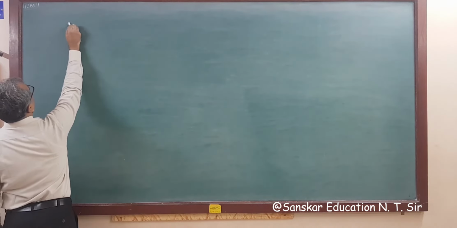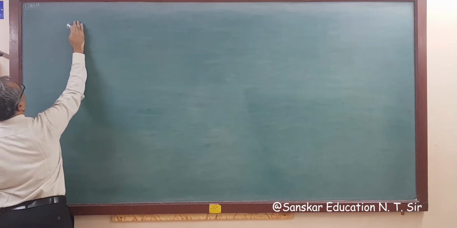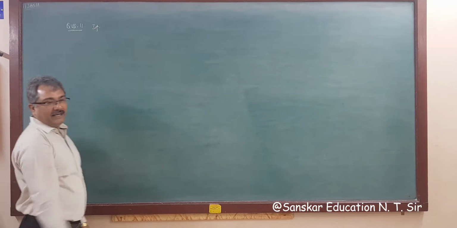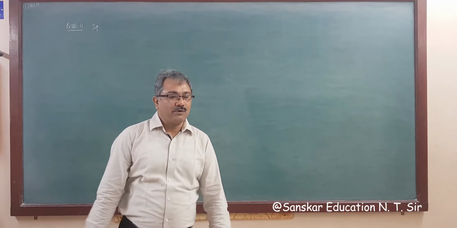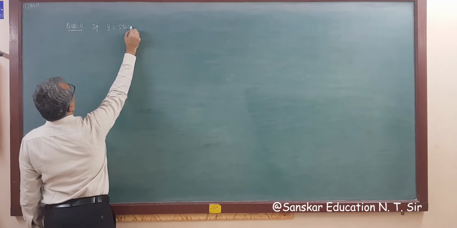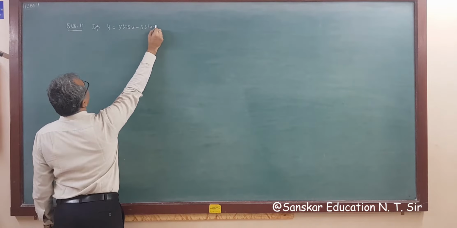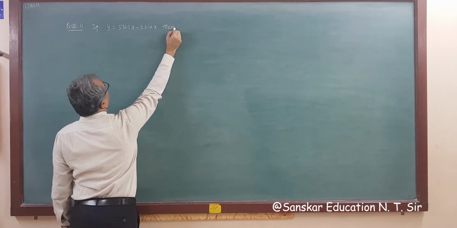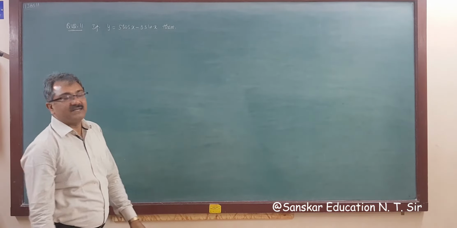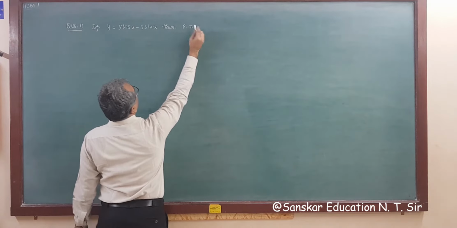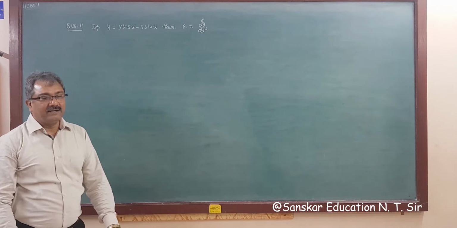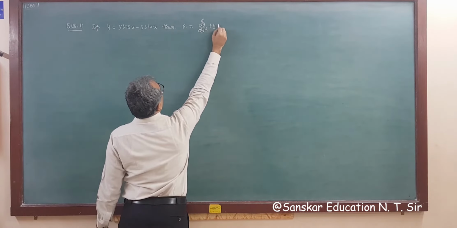So next question is question number 11. Given that y is equal to 5 cos x minus 3 sin x, then prove that d square y by dx square plus y is equal to 0.